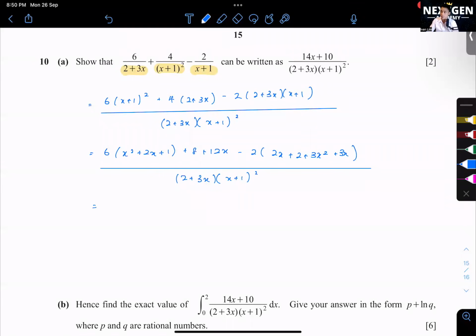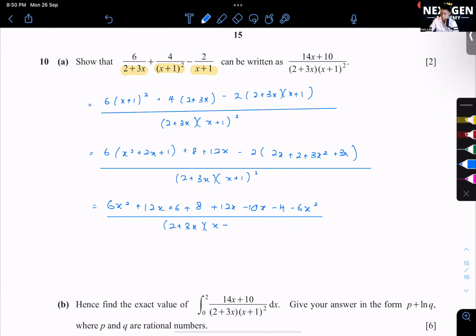Okay, expand one more time. 6x squared plus 12x plus 6 plus 8 plus 12x minus 10x minus 4 minus 6x squared over 2 plus 3x, x plus 1 squared. Okay, final one. 14x plus 10 over 2 plus 3x, x plus 1 squared.